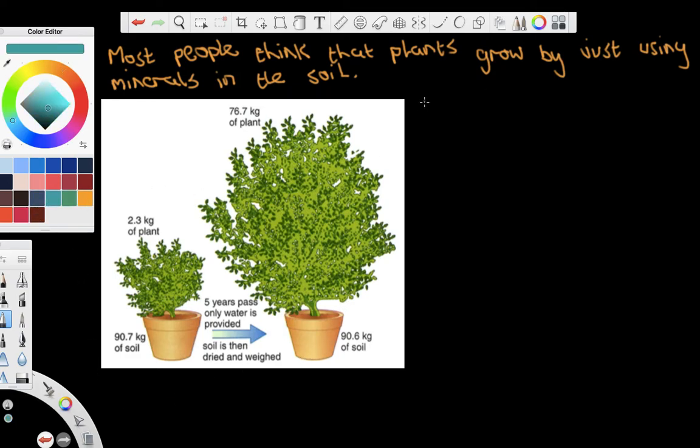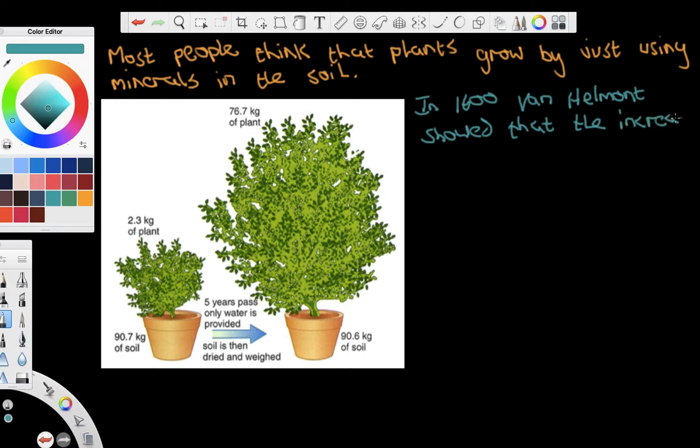So we can say in 1600, sorry, my hand keeps cramping, Van Helmont showed that the increase in mass of a plant was not due to the soil minerals.